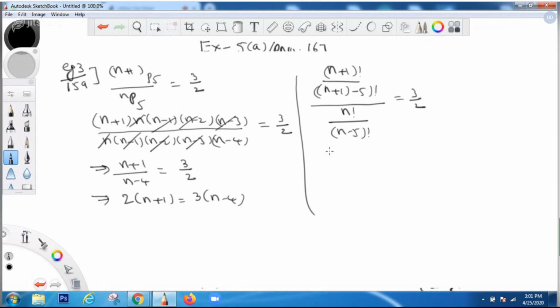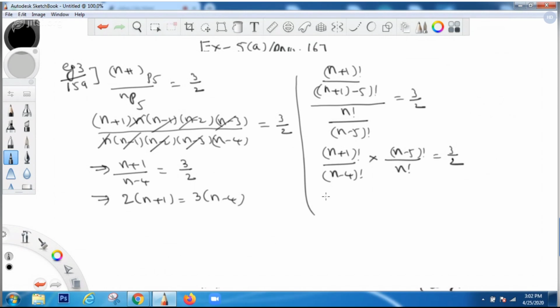So the numerator is (n plus 1) factorial divided by (n plus 1 minus 5), which is (n minus 4) factorial, isn't it? By, that comes to the reverse: here n factorial will be in the denominator and this goes to the numerator. (n minus 5) factorial goes to the numerator, is equal to 3 by 2.